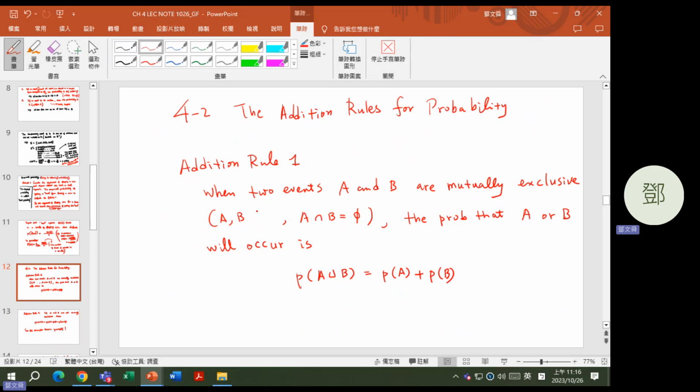You can say A and B are disjoint, or you can say A intersection B is an empty set.